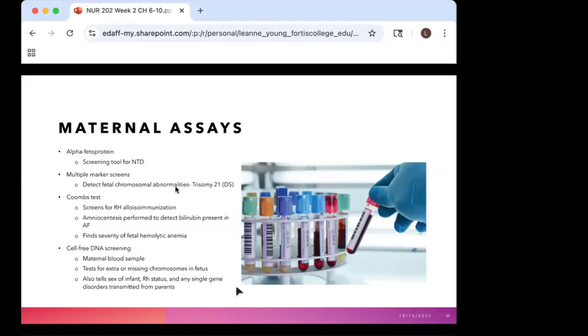This is something they're doing to see mom's Rh factor, fetal Rh factor, and whether there is a need for RhoGAM. And then an amniocentesis can also be performed to detect any bilirubin present in the amniotic fluid. This will figure out the severity of fetal hemolytic anemia.